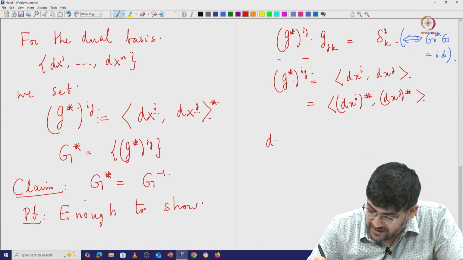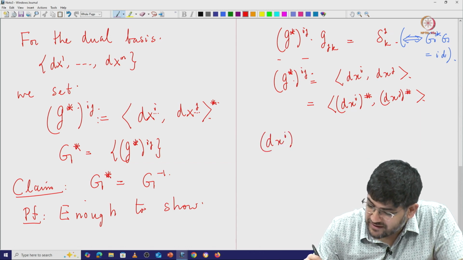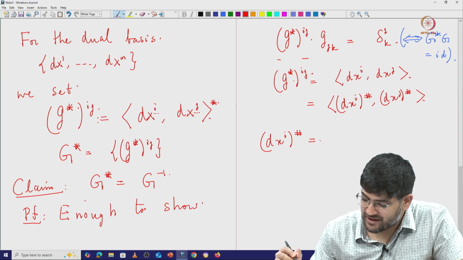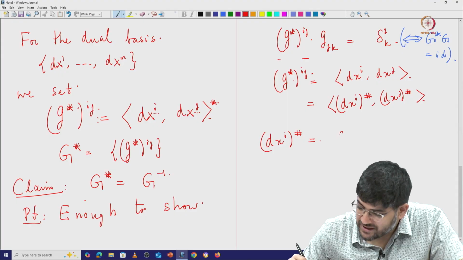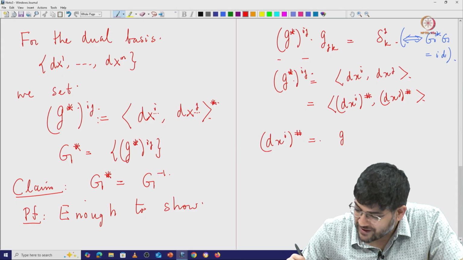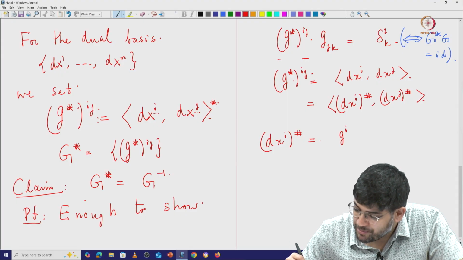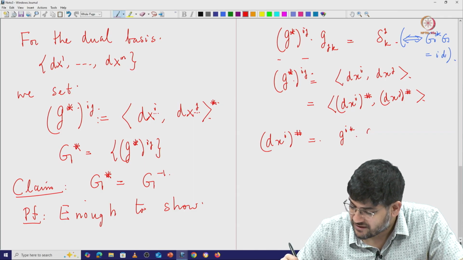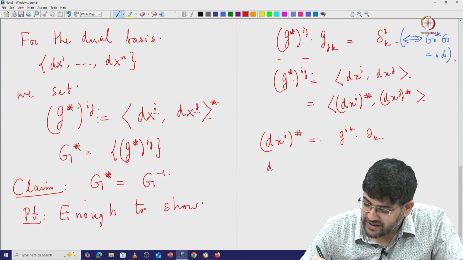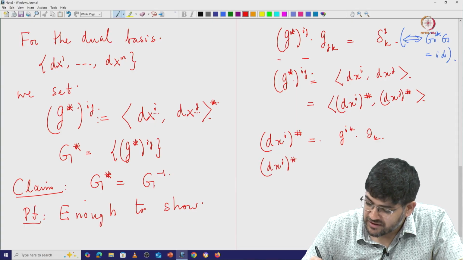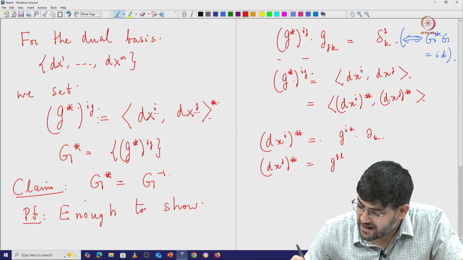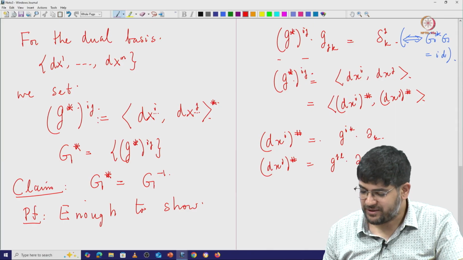Okay, but what is dxi sharp? Well, that's going to be given by the vector field g upper ik times del k. Similarly, dxj sharp is going to be given by g jl del l, right?